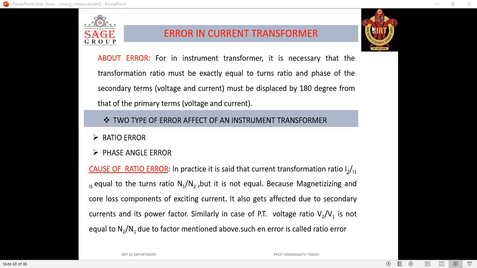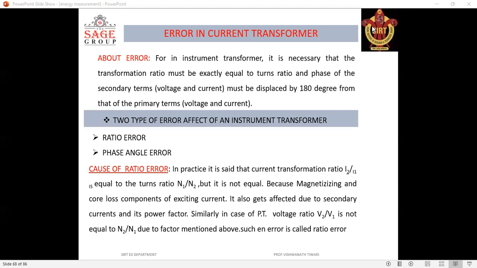If we want to divide the different types of losses in a transformer, there are mainly two types of loss. Number one is core loss and number two is ohmic loss. Core loss is again classified into hysteresis loss and eddy current loss. The magnetizing loss occurs as the core is magnetized and demagnetized.